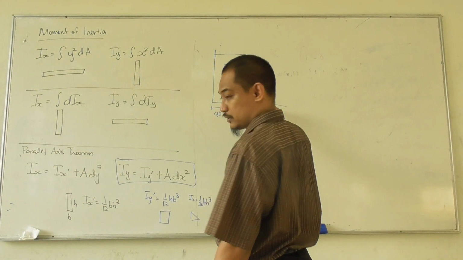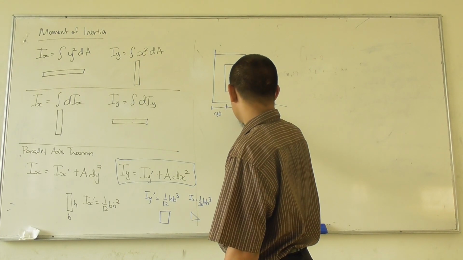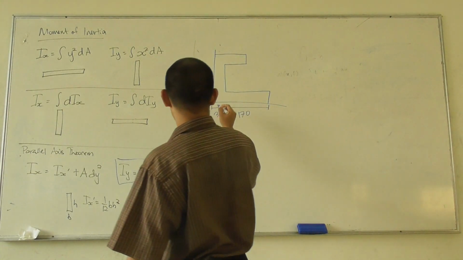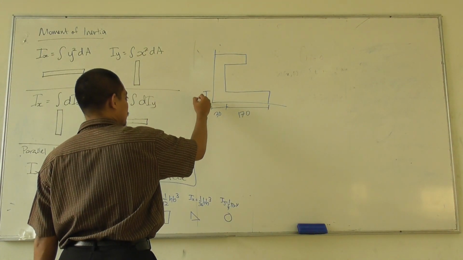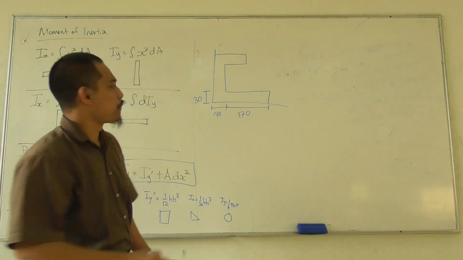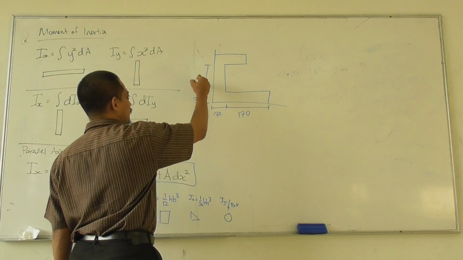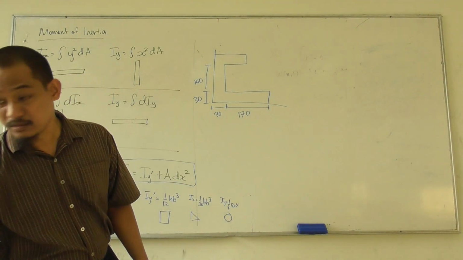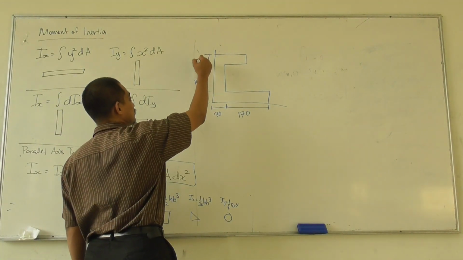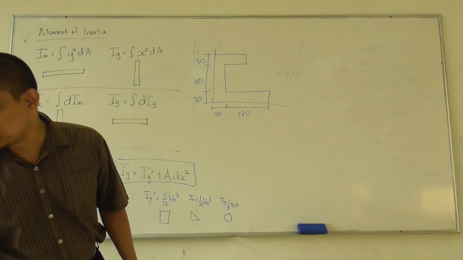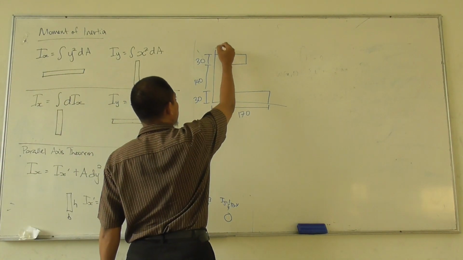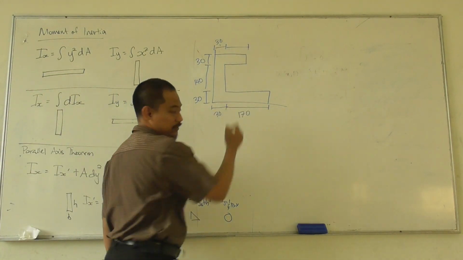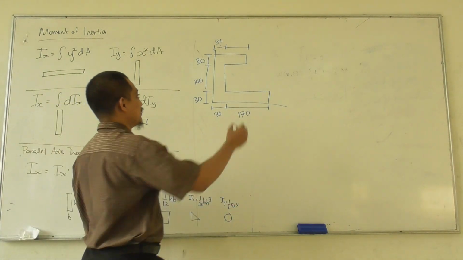30, this one is 170, this is all in millimeter, this is 30, this one is 140, this one is 30, this one is 30, this one is 70.